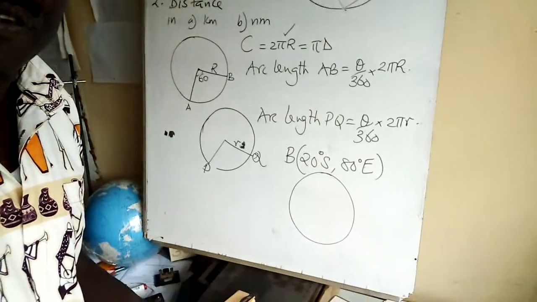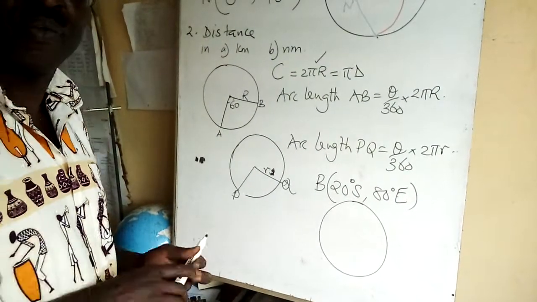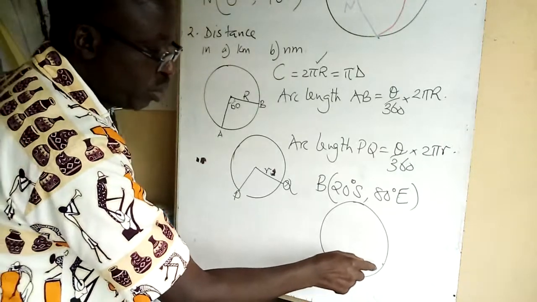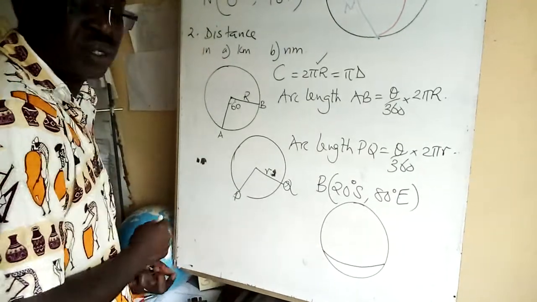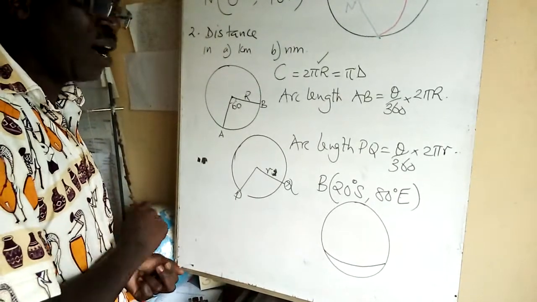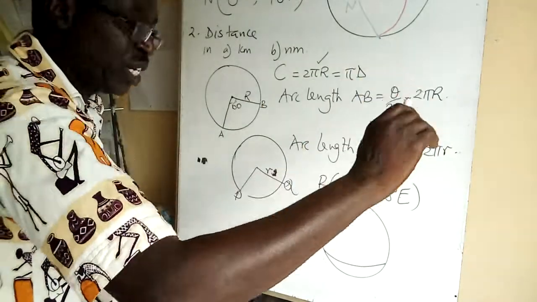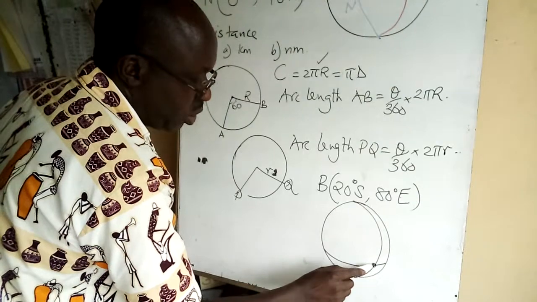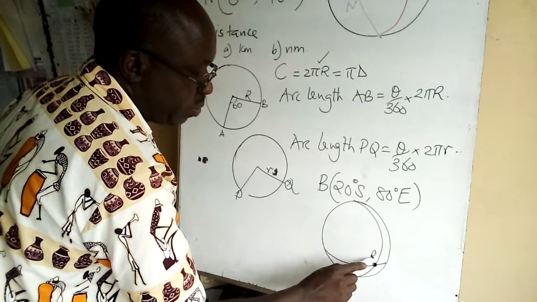Okay, we focus a bit down there. Then I have 20 south, so this will be on the southern part. And then I have 80 east, very extreme to the right. There. So this is my point B.